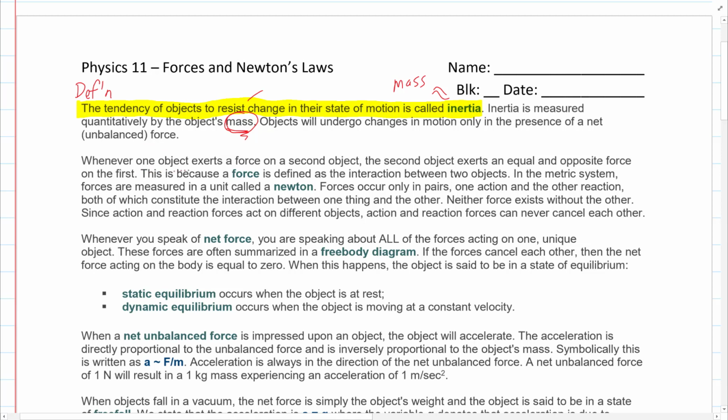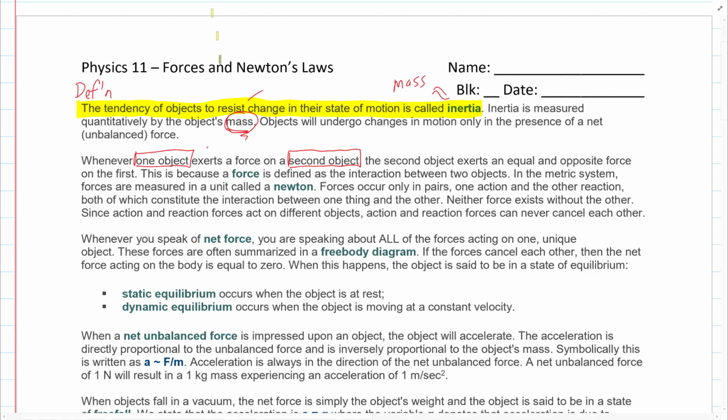Whenever one object exerts a force on a second object, so there's two objects here, one object and a second object, when one exerts a force on this, the second object exerts an equal and opposite force on the first. So there's a reflex force on it. This is because a force is defined as the interaction between two objects.